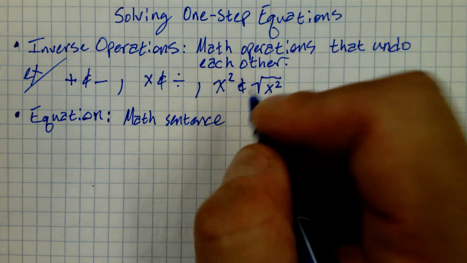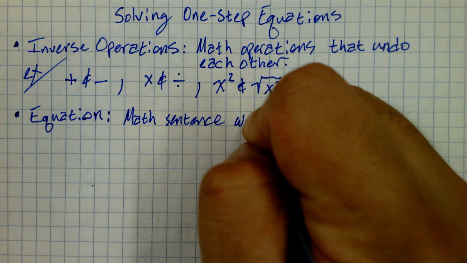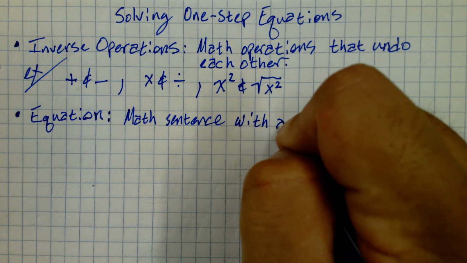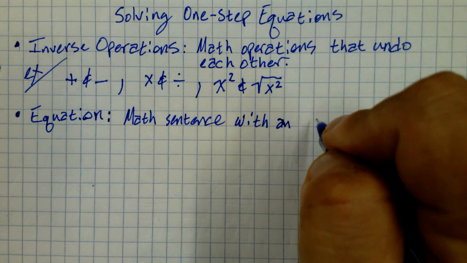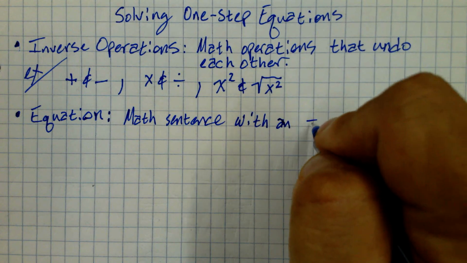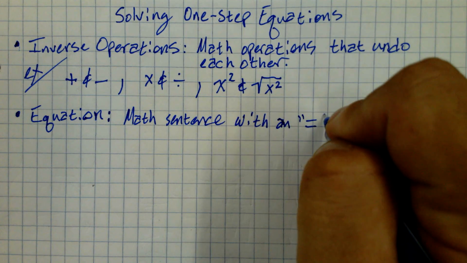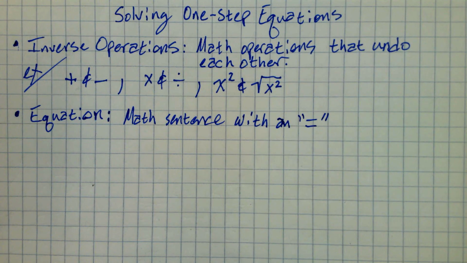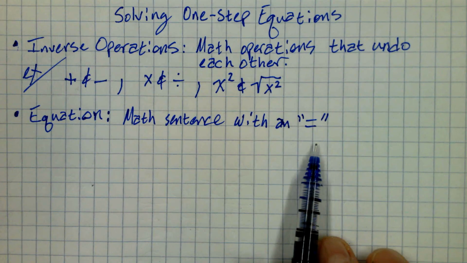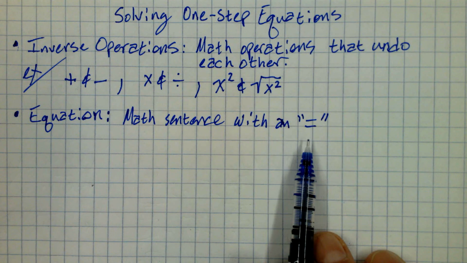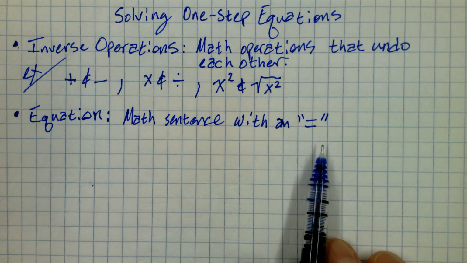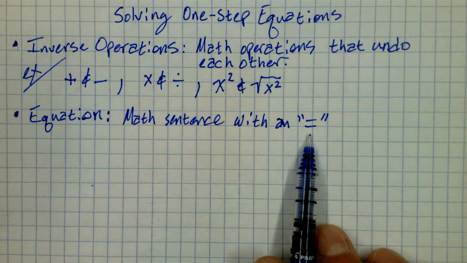A math sentence in this case with an equal sign. Maybe later on, if we have time, we'll review inequalities where you have a greater than or a less than sign. But all of our equations have the equal sign.